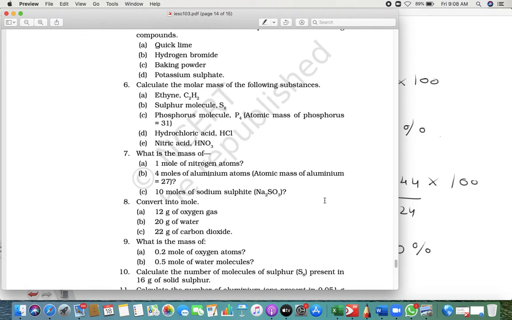What is the mass of 1 mole of nitrogen? Now see, they have already given you mole, right? So n is equal to 1 mole. They ask you mass, so we don't have small m. Now what is the molecular mass of nitrogen? That is 14 gram.